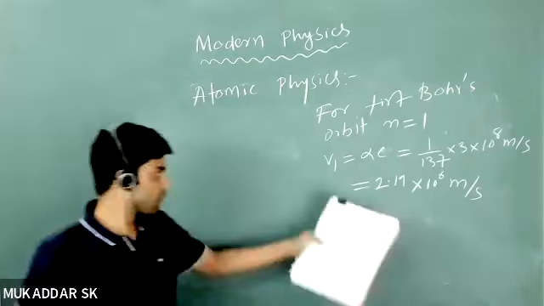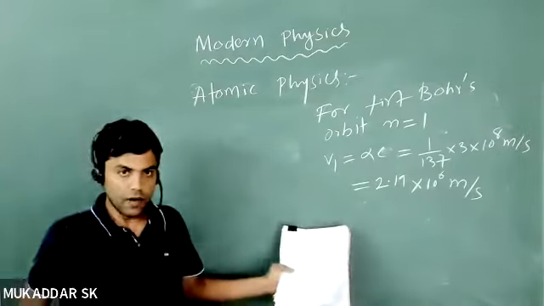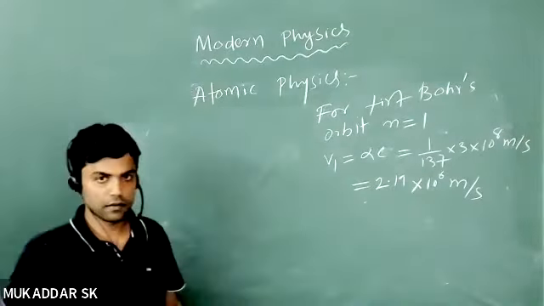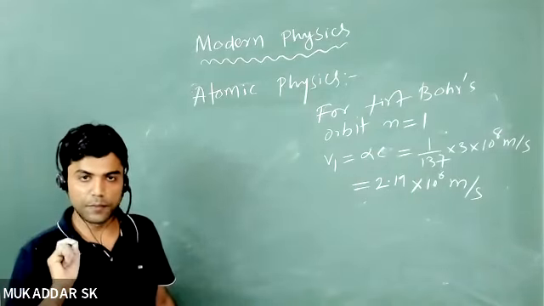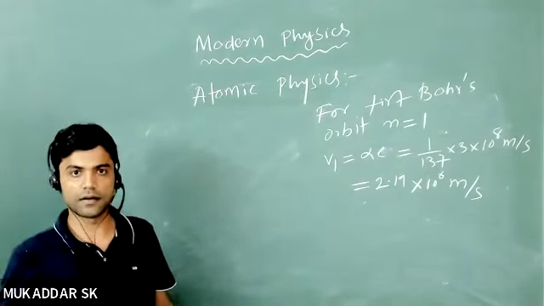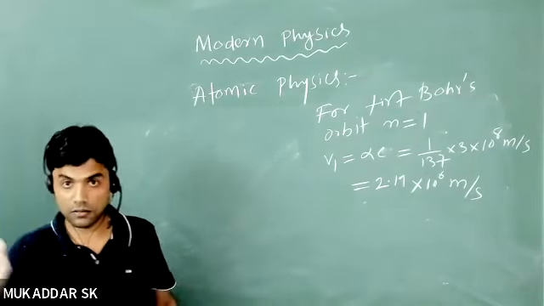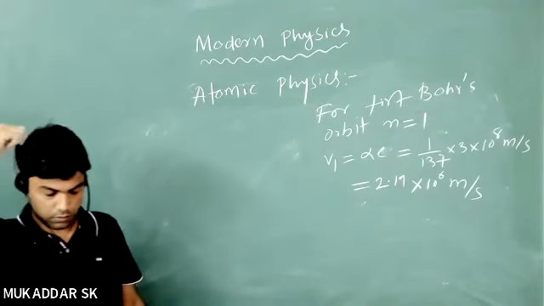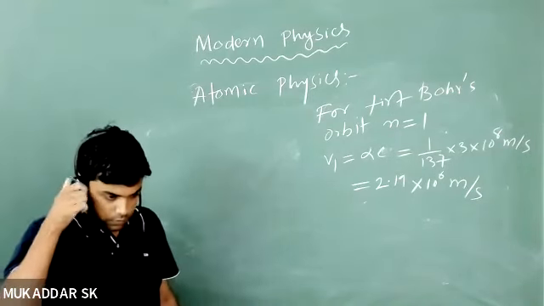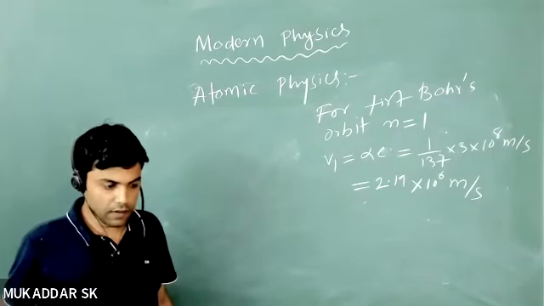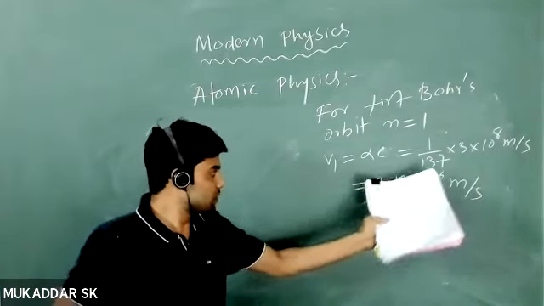Can you imagine how high a speed it is? 10 to the power 6 meter per second. That much speed the electron has in the first Bohr orbit. It's a very high speed. That's why that electron is called a relativistic particle. Is there any doubt? So that speed will be 2.19 into 10 to the power 6 meter per second.